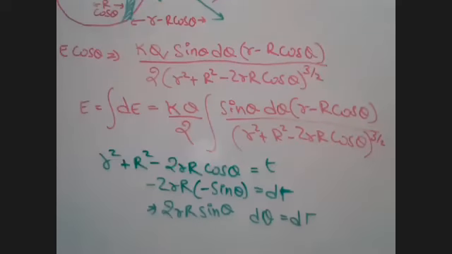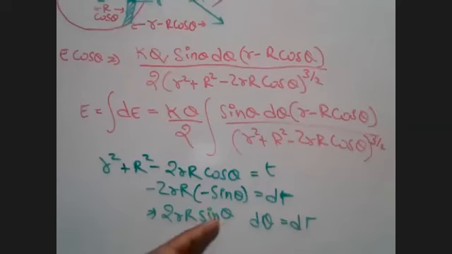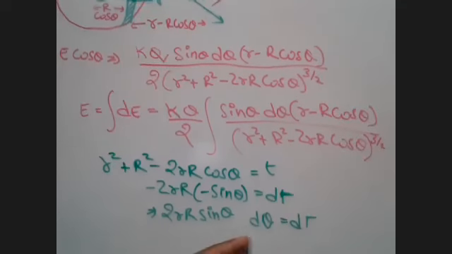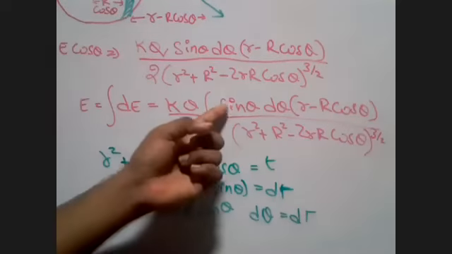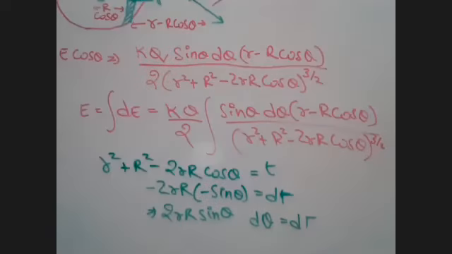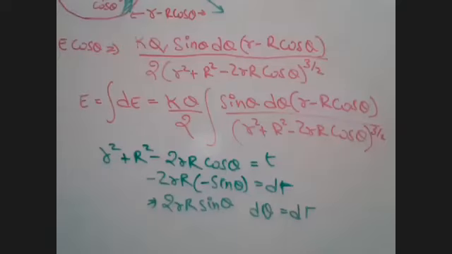Now sine theta d theta here can be substituted as dt upon 2rR. So I can write this sine theta in terms of that, and I can substitute this entire denominator as t. That makes it much easier for me to integrate.